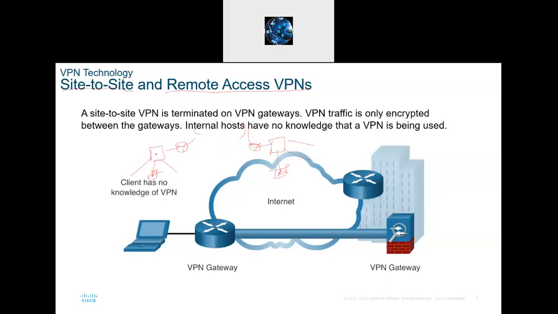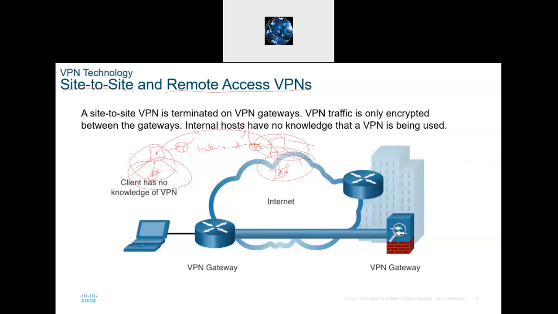If you want to link the whole LAN to the other LAN, meaning you want everybody on this local area network to be able to talk to everybody on the other local area network, and the infrastructure you are using to set up this connection is the internet, that is site-to-site VPN. You are connecting the whole site to another site.